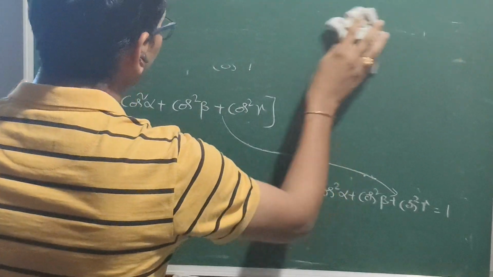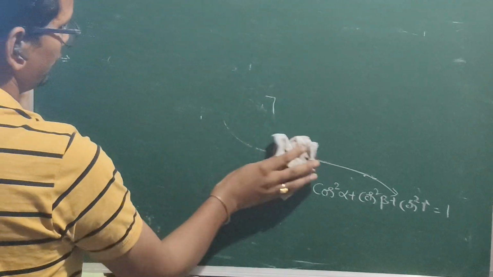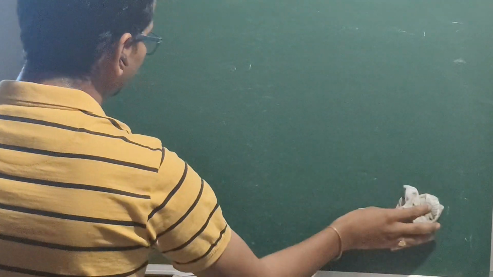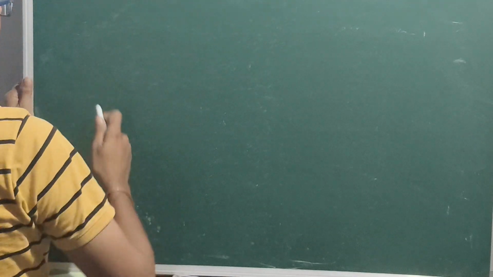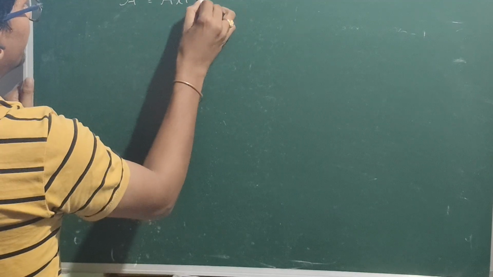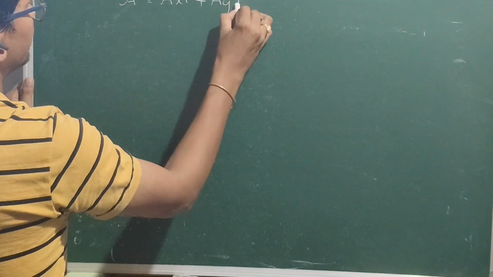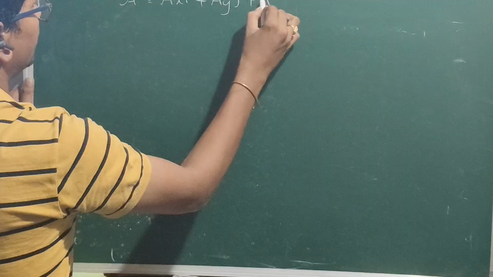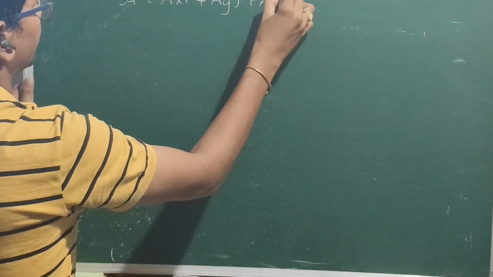Next one: how to add two vectors in three dimensions. First, take a vector a: ax i cap plus ay j cap plus az k cap.